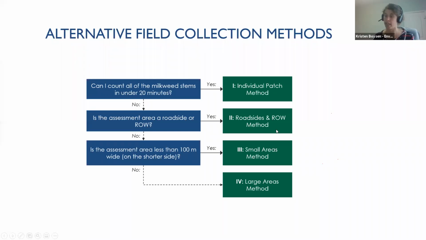There's also a roadsides or right-of-ways method for very long, skinny strips along roads. And then there's a large area method for things that are too big to just do our 10 transects in a standardized way, and then you need to randomize them.